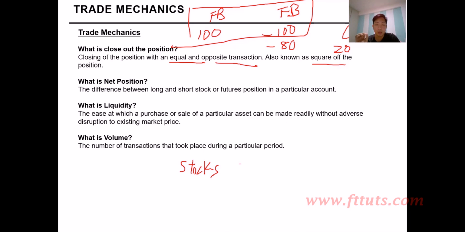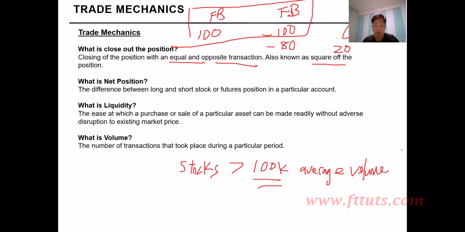When I teach you in the subsequent lesson how to do screening, you'll screen for stocks that have an average volume of more than 100K. So stocks that average 100K volume, regardless of the price, tend to have better liquidity, which means you can buy and sell readily. Understand? So liquidity is very much tied to the level of volume.